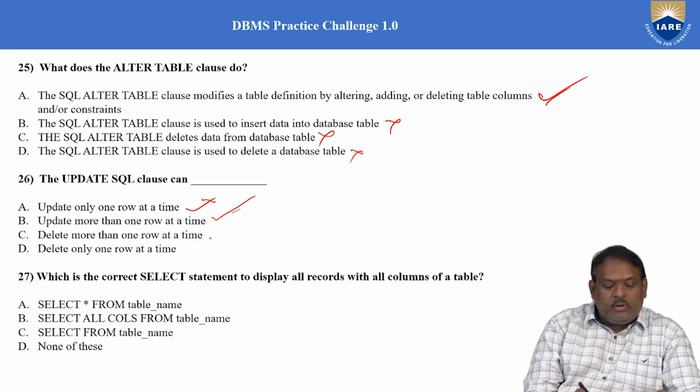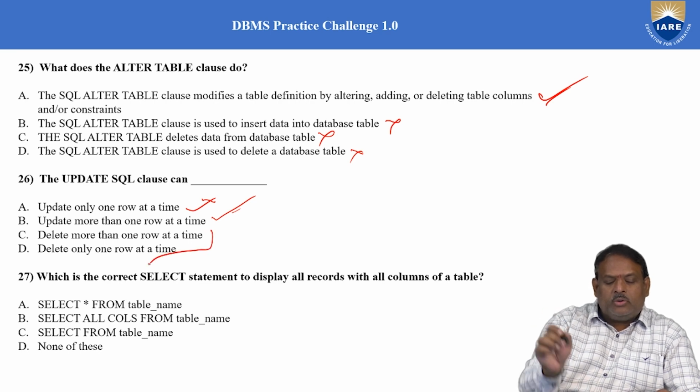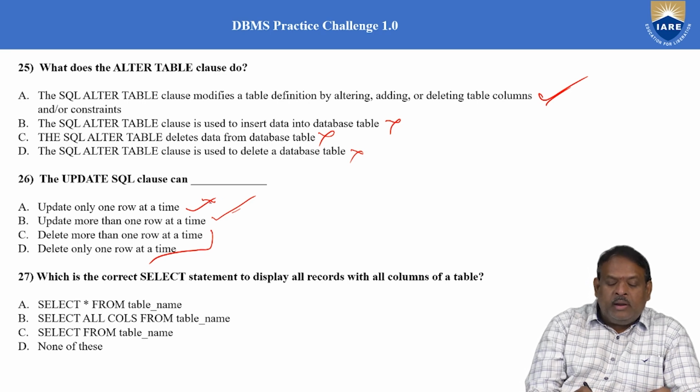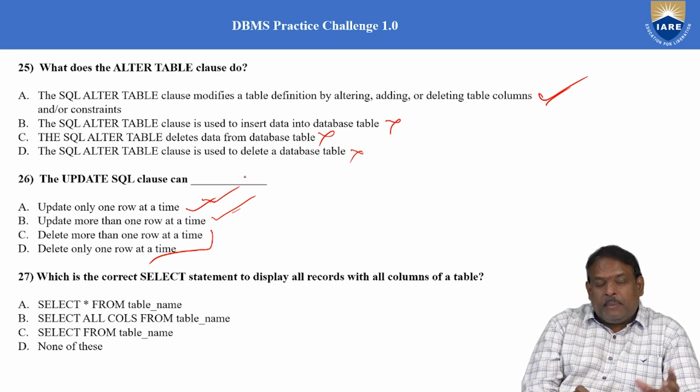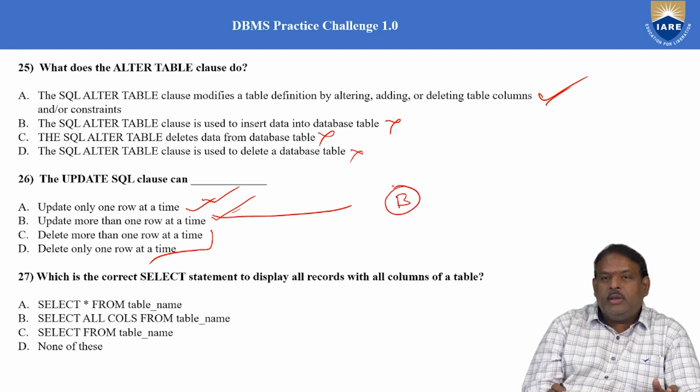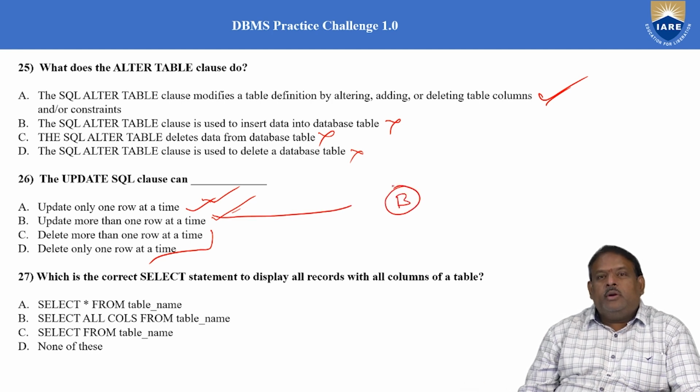Delete. So these two are ruled out. So the update command can update one or more rows. If there is a where clause, it will update only the rows satisfying the condition. If there is no where condition, all the records will be updated. So the option here is B. Next question.